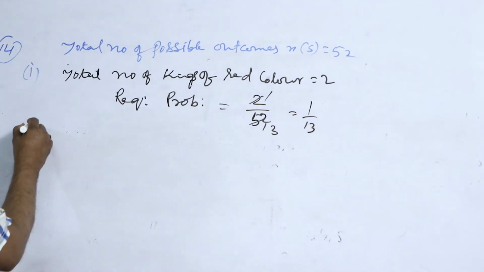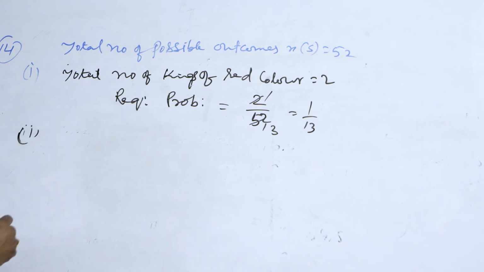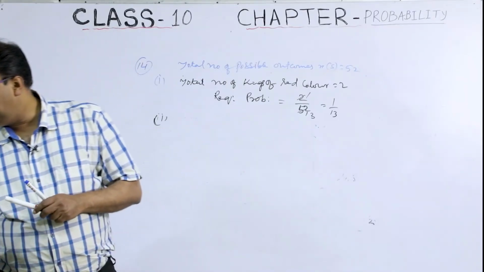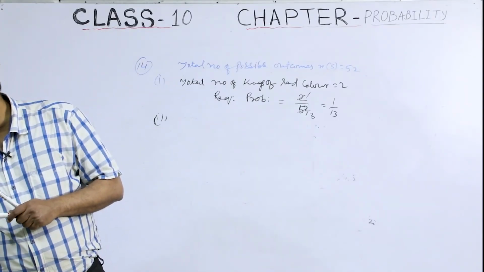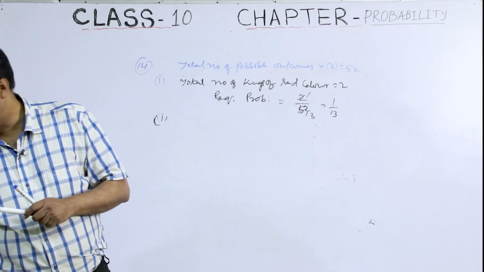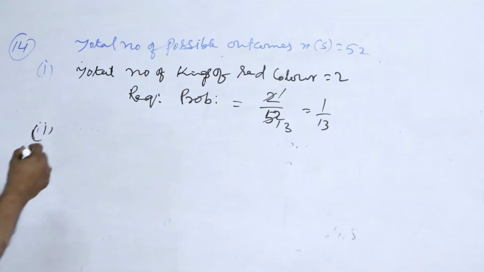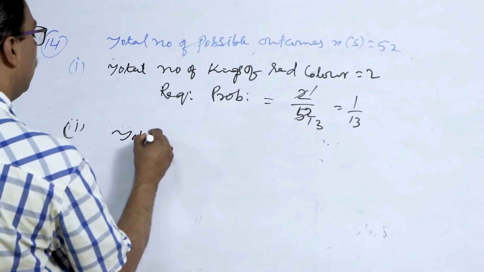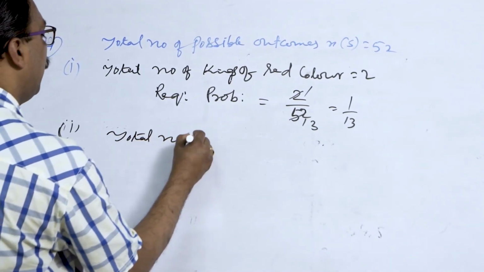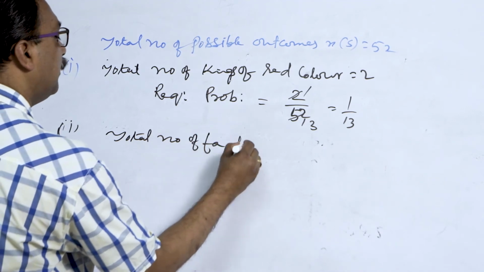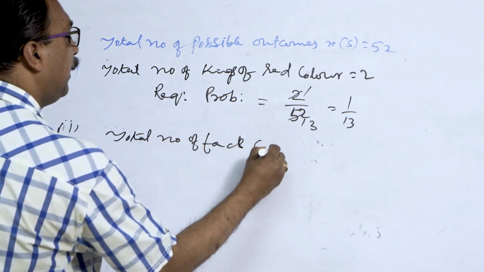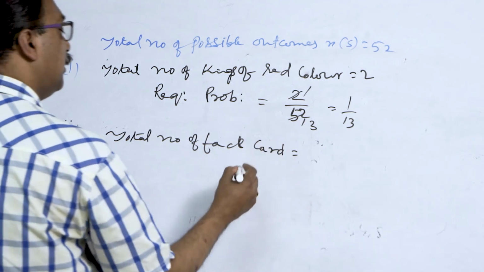Number 2, you can go for a shortcut like this. They are given a face card. How many face cards do you have? 3 face cards from each suit. So 3 fours are 12. So total number of face cards is equal to 12.